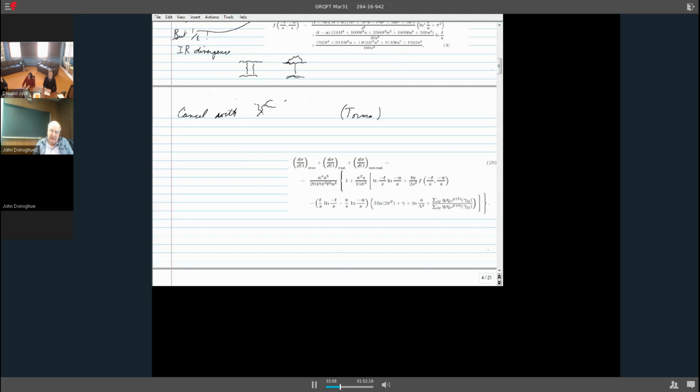And this has actually been checked. It cancels with the radiative process, the radiation. It was checked by my student Torma. So you basically add the lowest order diagram, the one loop corrections, and the soft radiation.